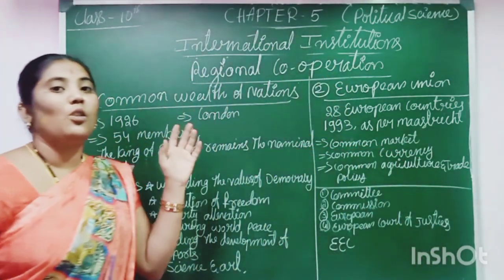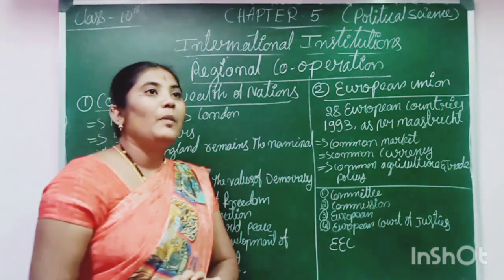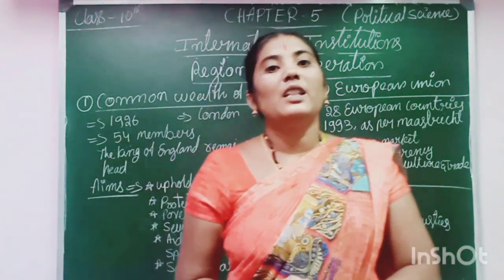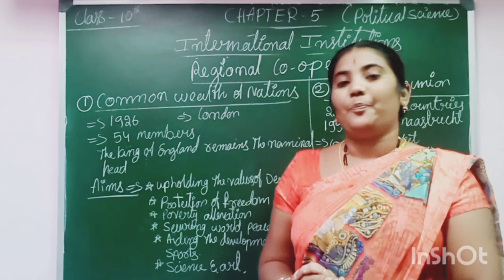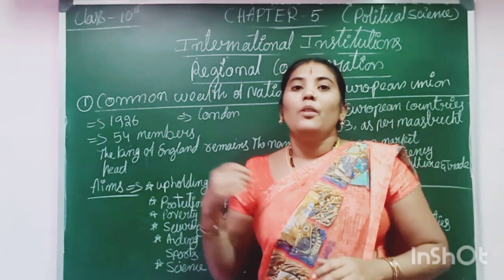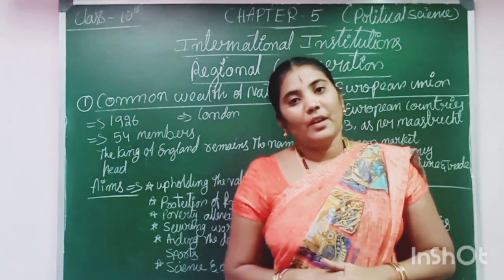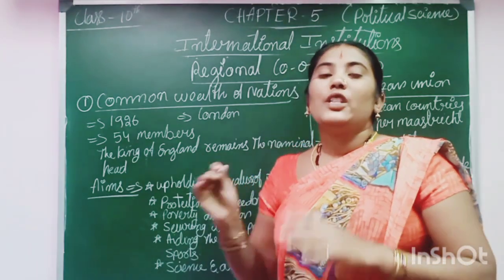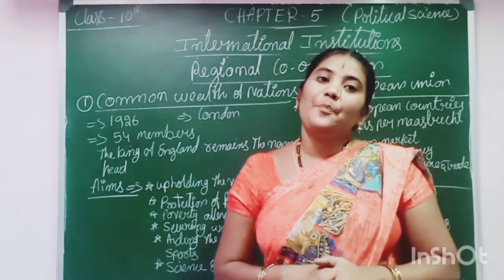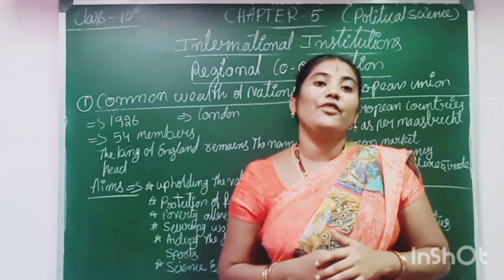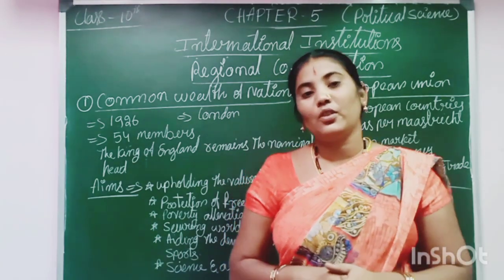The first one is the Commonwealth Organization. It was called the British Commonwealth Organization, understand? But now we call it the Commonwealth Organization. It was founded in the year 1926. Nowadays 54 countries hold membership of this Commonwealth.